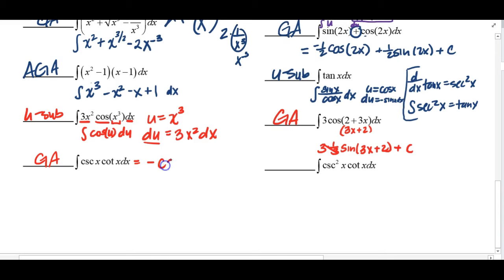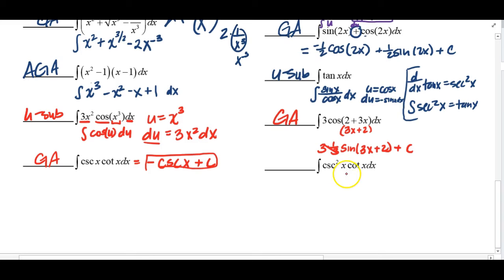It's negative cosecant x plus c. The derivative of cosecant x is negative cosecant cotangent, so I'm going to have to throw in an extra minus to cancel out with that negative. So this is the answer. We can go straight to an answer. So it's a general antiderivative.